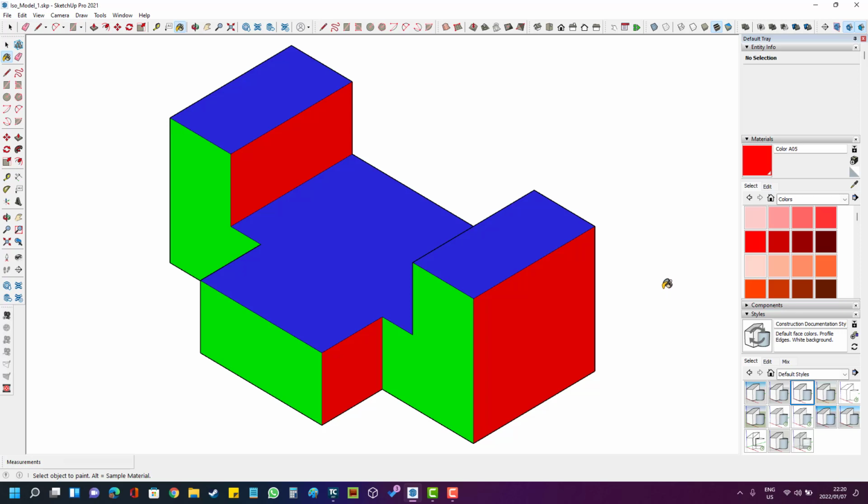So what I also want to do is explain to you, using this model, what we will do on the 2D paper by transitioning it here in Sketchup from 3D to 2D, so that you get used to the layout and the presentation of the model when it is seen in 2D.